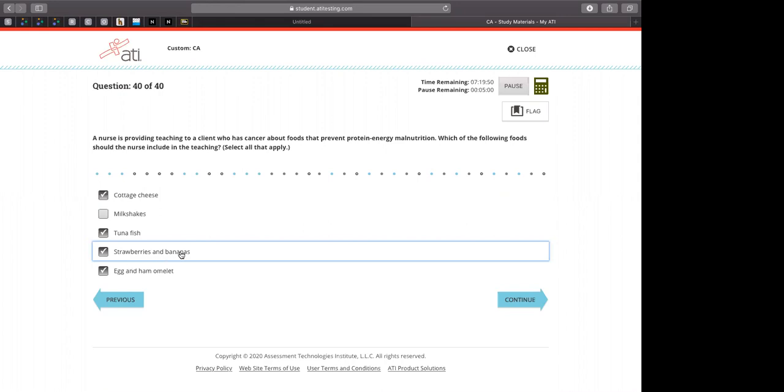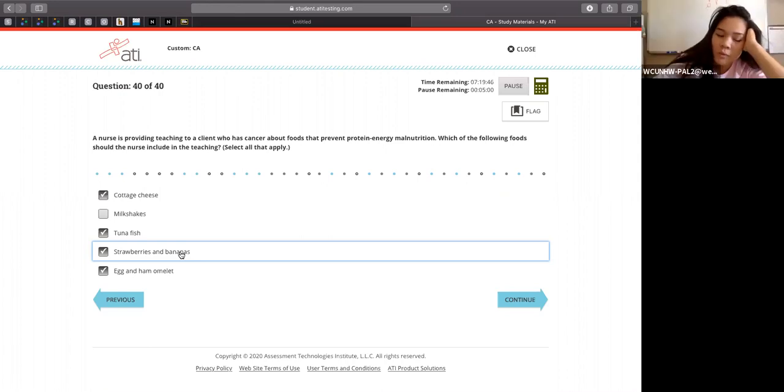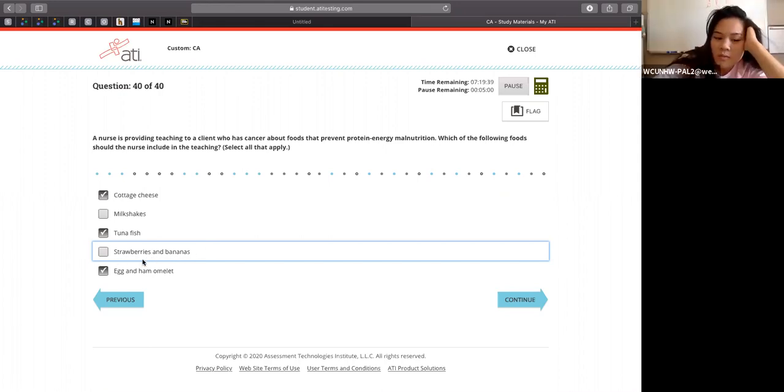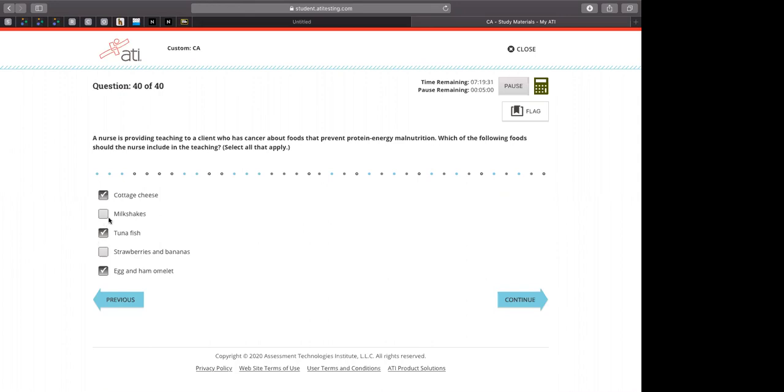No. Strawberry and banana don't have any protein. No, it doesn't have protein, right? Why is it in my notes? Okay, it has good fiber. Maybe strawberries and bananas are something not to give the patient if they have neutropenia. What about milkshake? Does milk have protein?